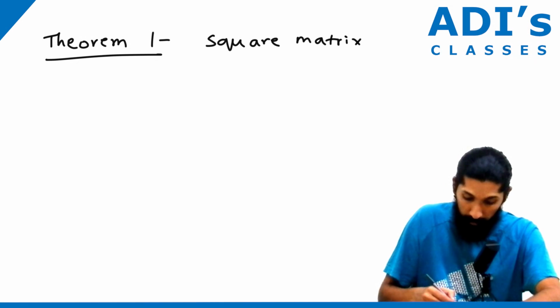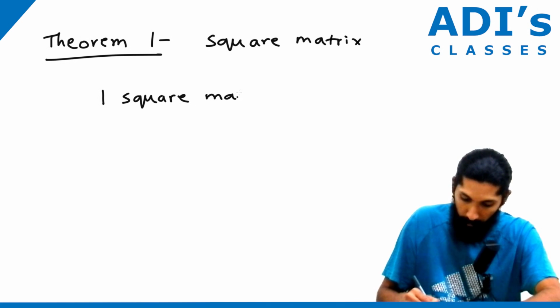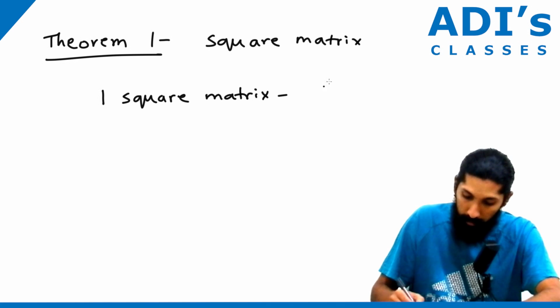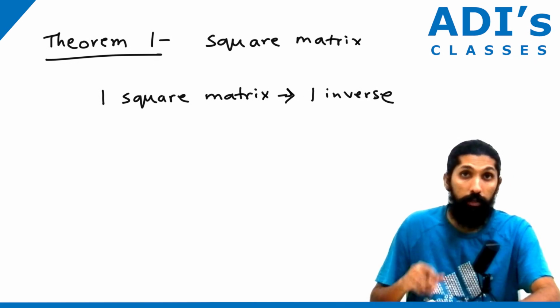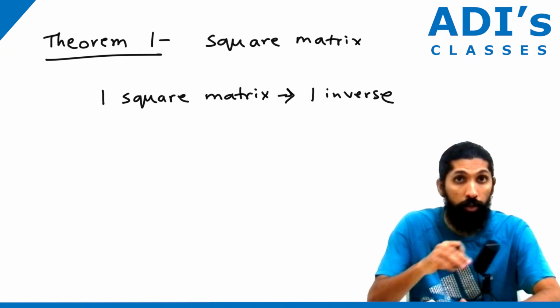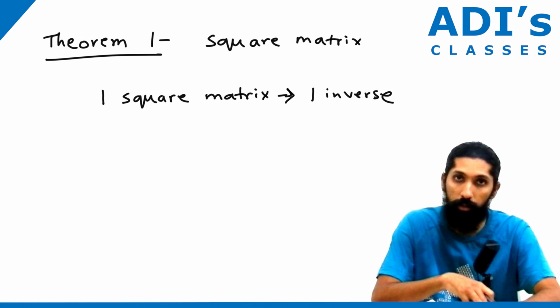So what we can say here is that for one square matrix, there is only one inverse. It is unique. Now this is the first theorem we are going to understand.